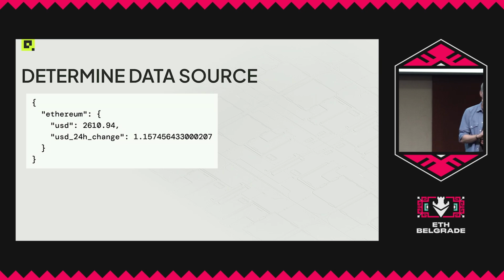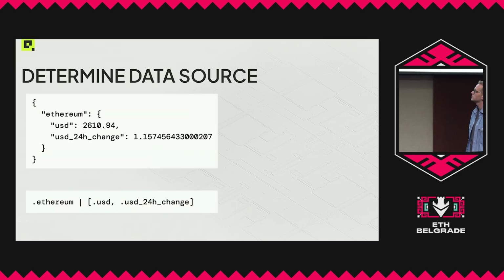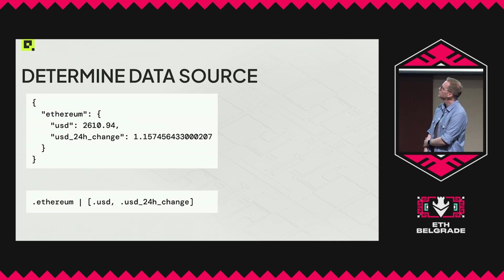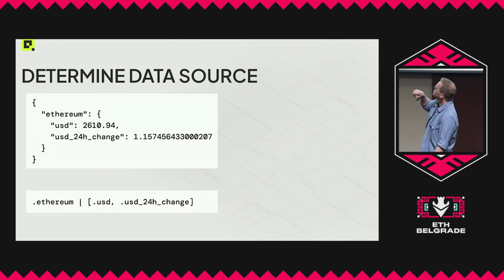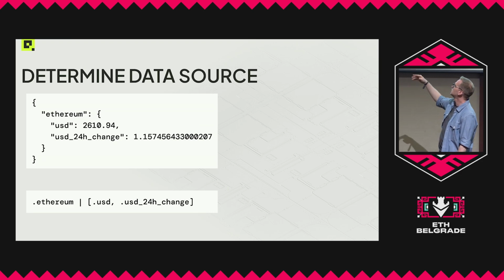suitable for on-chain processing. For this, we can use jq. Let's have a look at a simple example of a jq filter. So we take the field Ethereum, and we get here an object of price and its change.